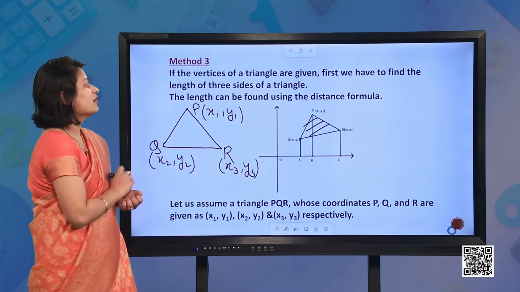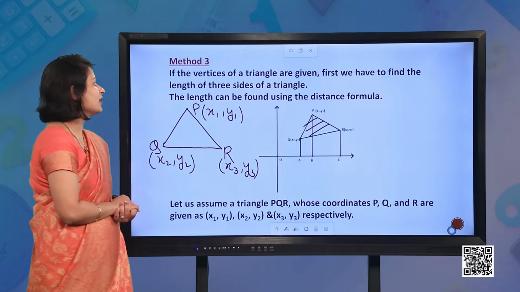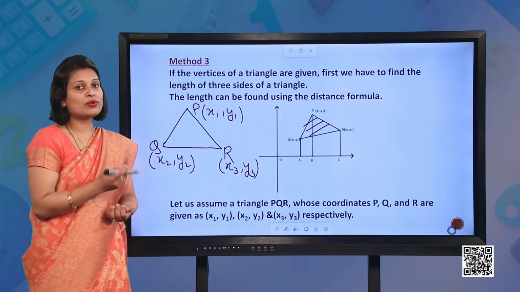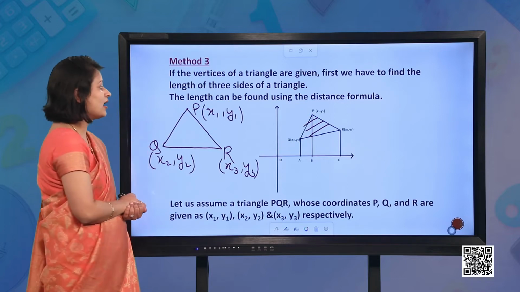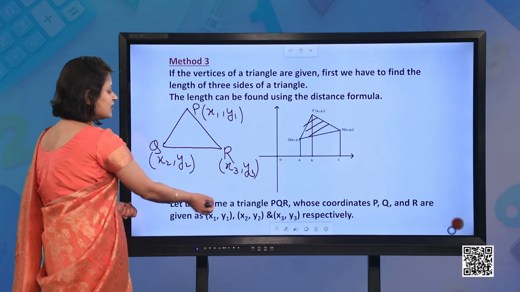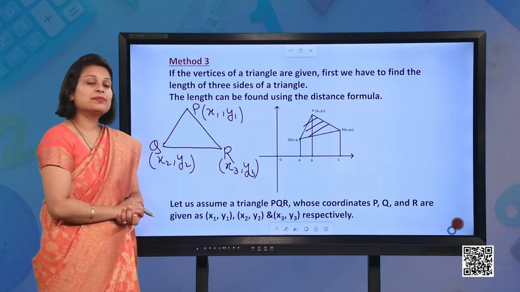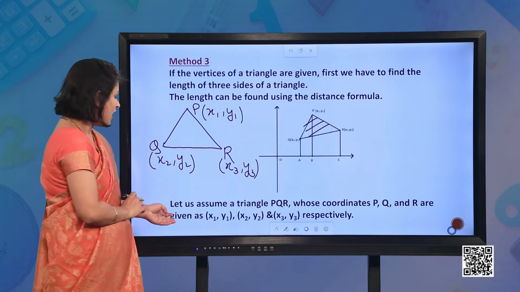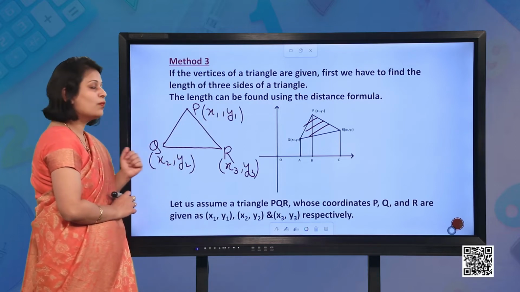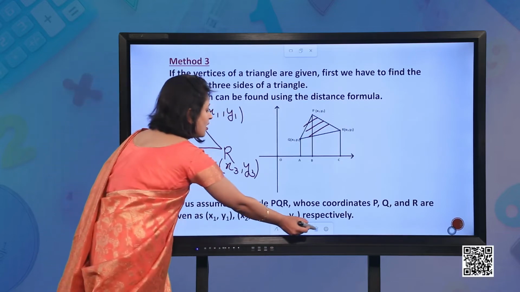So, if the vertices of a triangle are given, first we have to find the lengths of the three sides of the triangle. How can you find them? By using the distance formula. So let us assume a triangle PQR whose coordinates P, Q and R are given as x1, y1, x2, y2 and x3, y3 respectively.